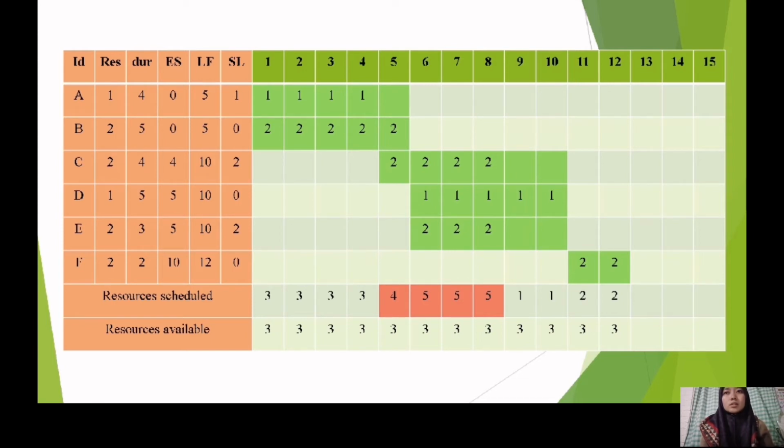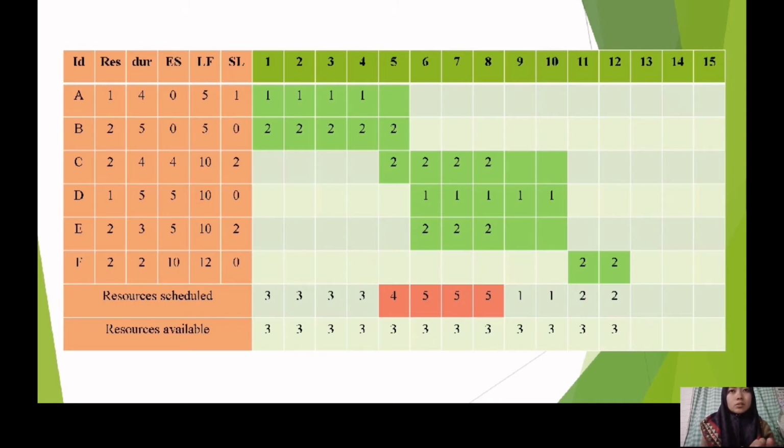We do the same for activity B until F. Then we fill the table on the right-hand side. For example, for activity A, for day 1 until 4, the resource needed for each day is 1, so we fill the cell with the number 1, and we do the same for the rest of the activities.